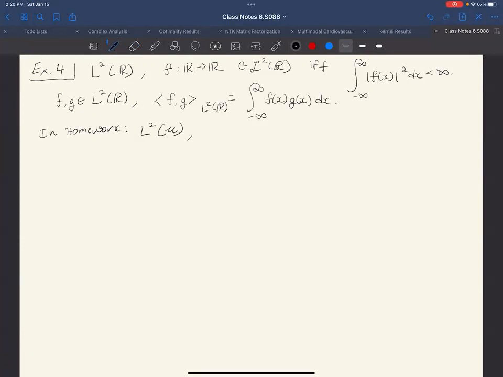And we'll see that f belongs to L2 of mu if the integral from negative infinity to infinity of f of x squared, well, let me write this constant inside, 1 over root 2 pi e to the power negative x squared over 2 dx is less than infinity. This is a much larger class of functions. It's kind of easy to check that if a function belongs to L2, it very easily belongs to L2 of mu.